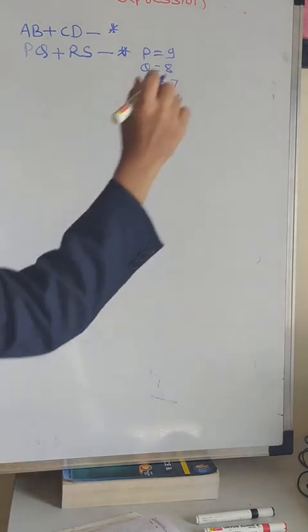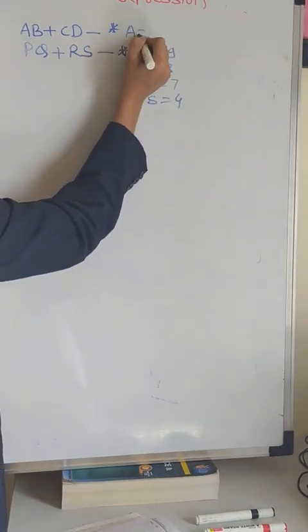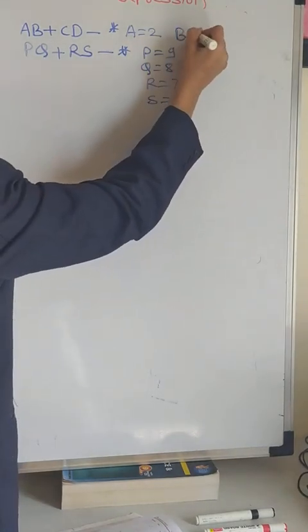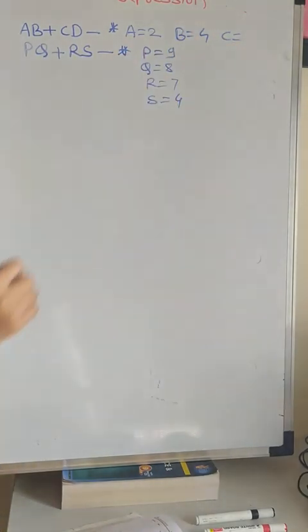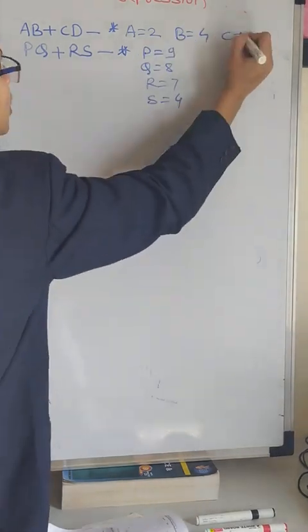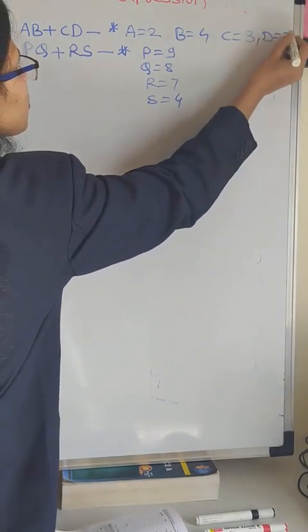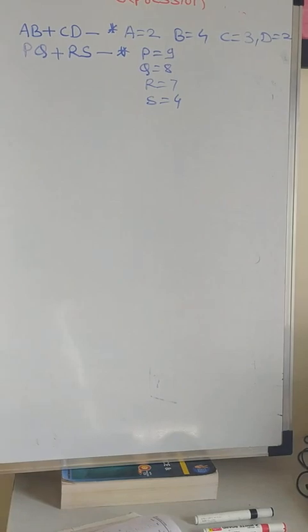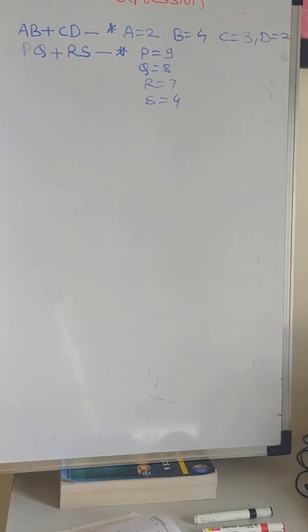And in the case of ABCD, A equals 2, B equals 4, C equals 3 and D equals 2. You can use the same steps.